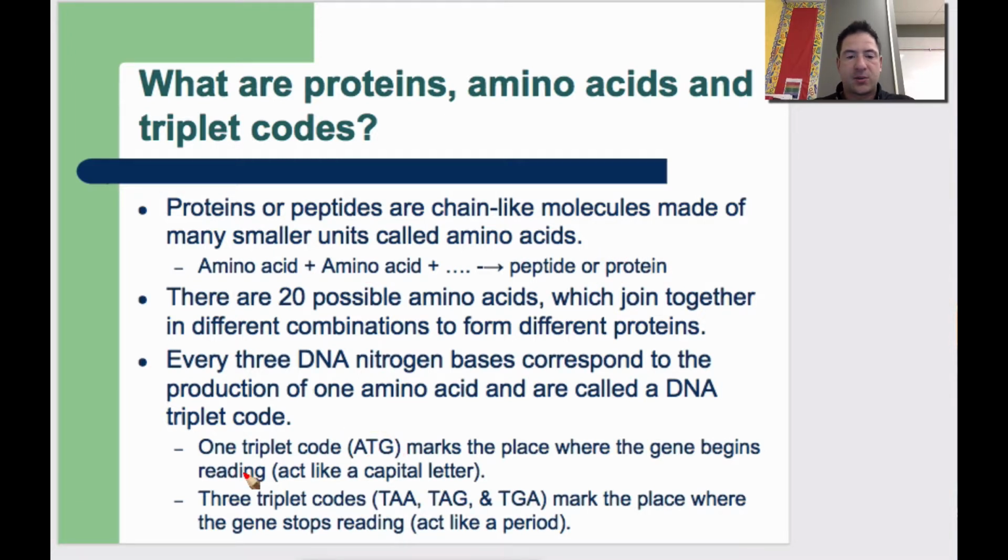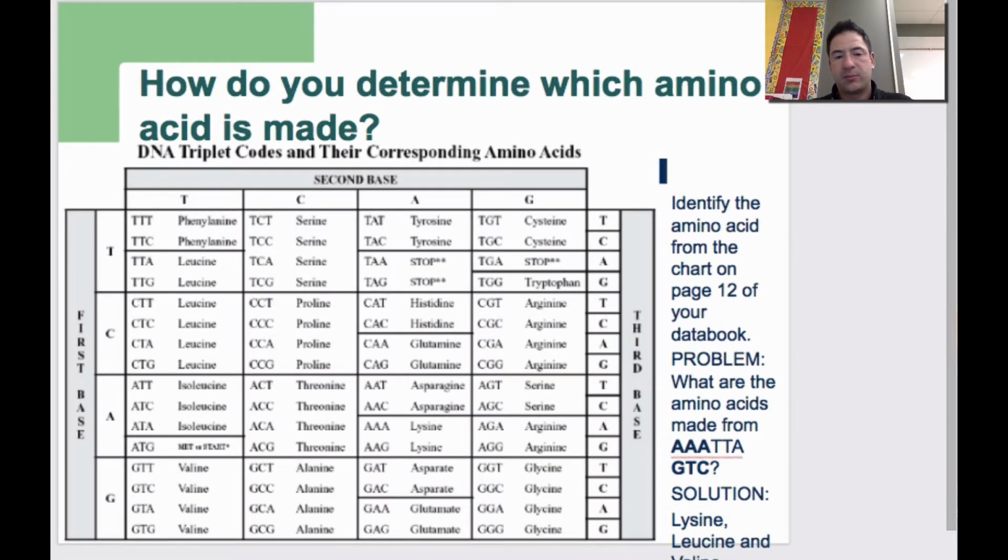Okay, so what I can show you here is the chart from your data booklet so you can get an idea of what this actually looks like. I'll zoom in on it a little bit after.